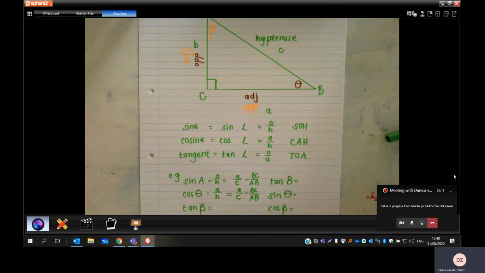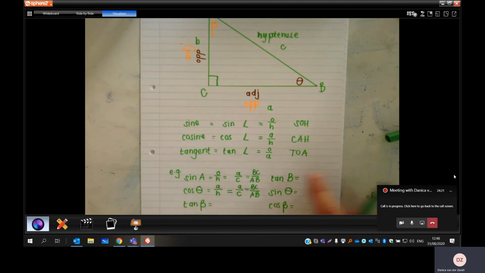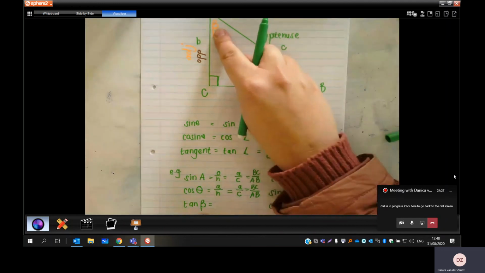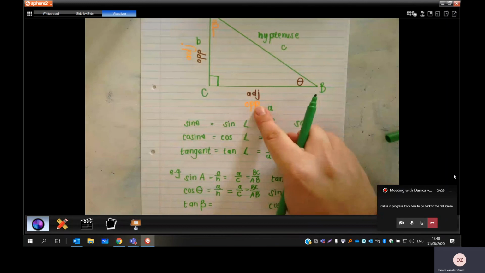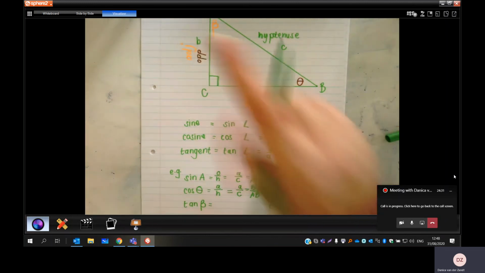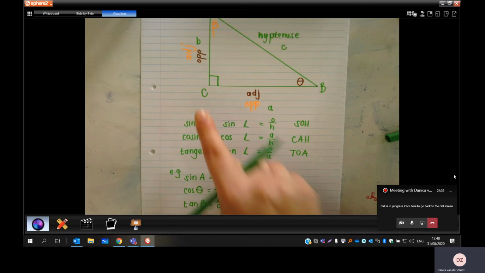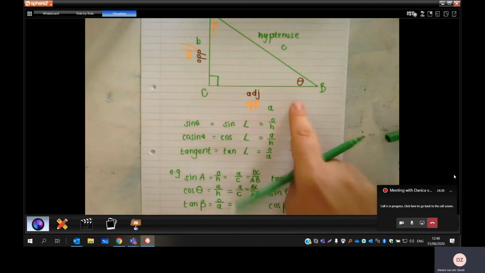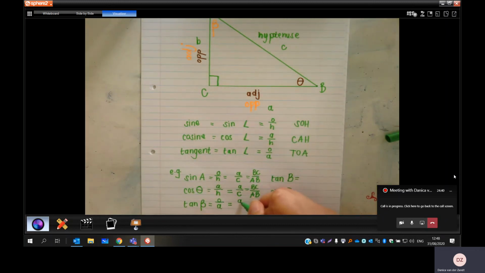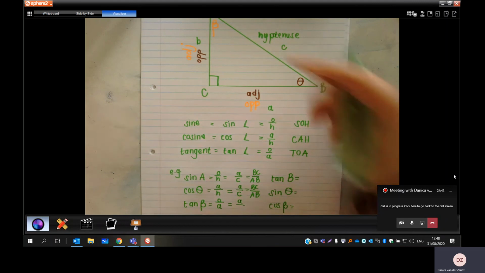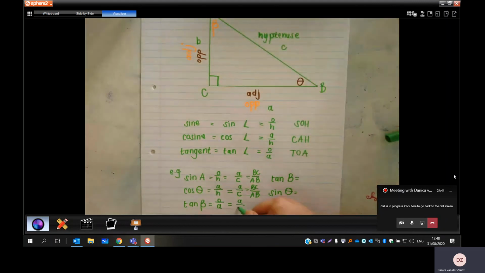Okay, so now I'm looking at tan beta, this is tan beta, that is tan B. Okay, tan beta, there's beta, which is TOA, opposite over adjacent. Opposite using the small letters is little a, and adjacent using small letters is little b.